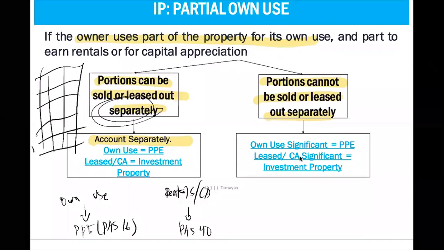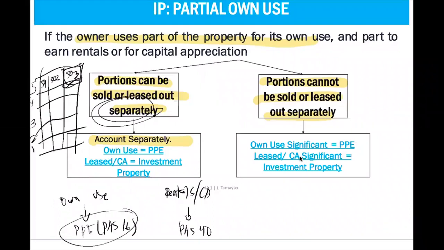Floor 1, floor 2, floor 3, floor 4, floor 5. And then let's say unit 501, unit 502, 503. So alam mo talaga yung mga units na yan, and you can list out separately 503. Since you can list out separately 503, yung other portions, PAS 16. Yung you can list out separately, PAS 40.